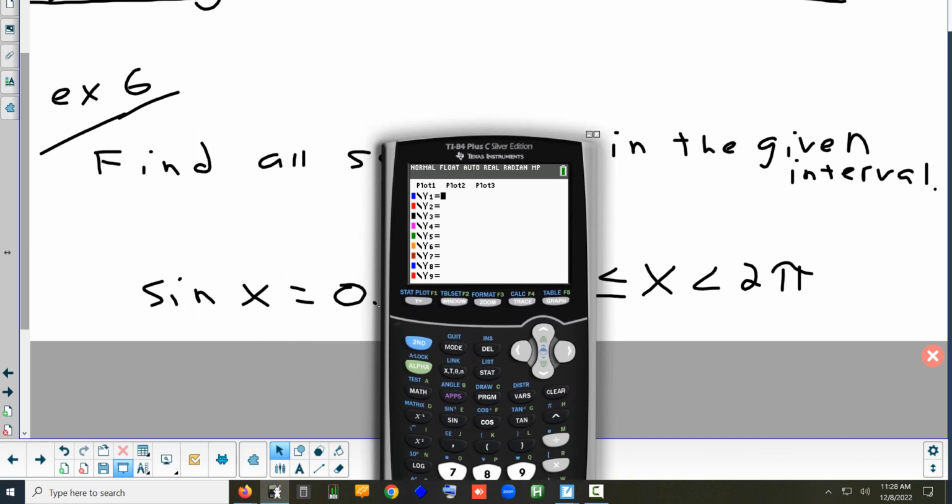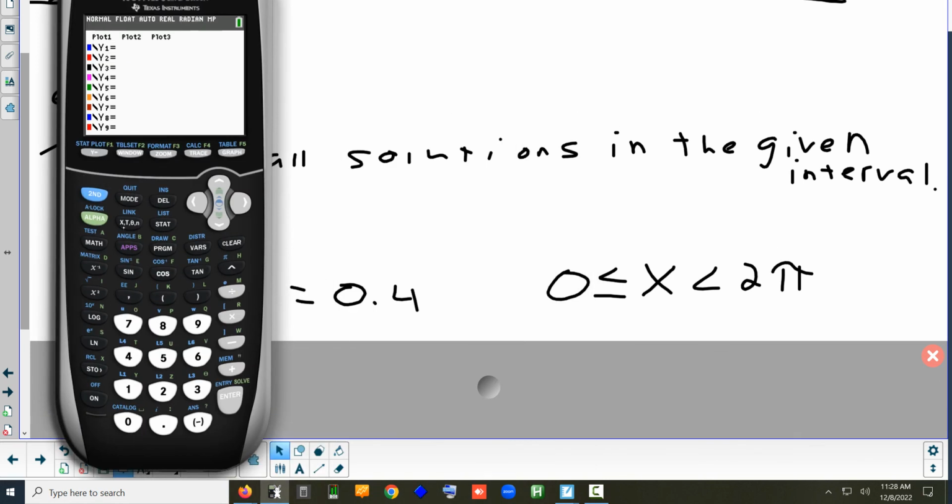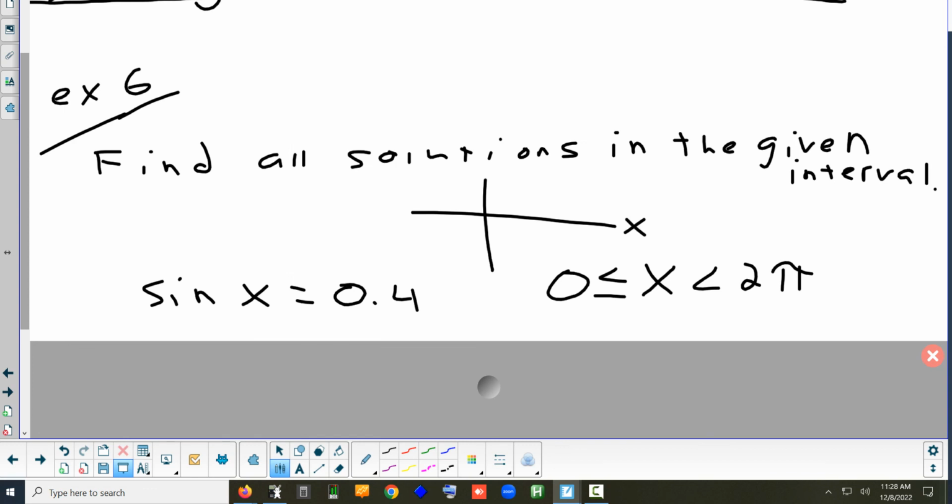So let's do sine of x in y1. I'm going to do 0.4 in y2. And remember, the x-axis, when you're graphing trig functions, what does the x-axis represent? It represents a certain type of units.